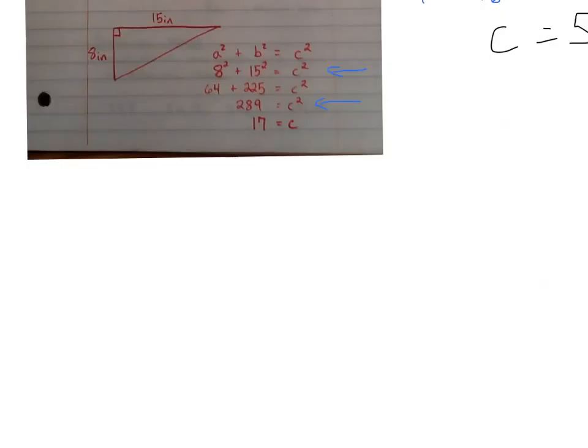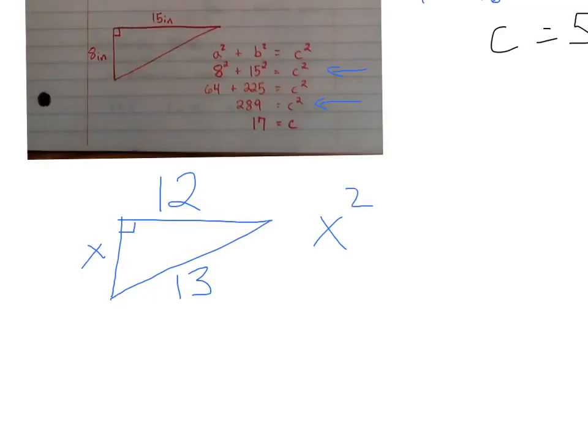We might have another example where we're given a right triangle and we're told that the hypotenuse is 13 and one leg is 12, and we want to find the other leg. So for this equation we would have x squared plus 12 squared equals 13 squared.